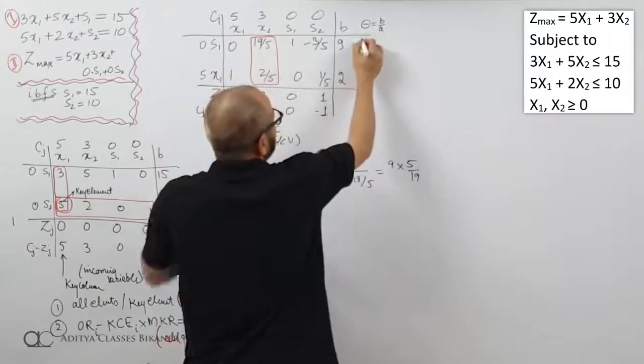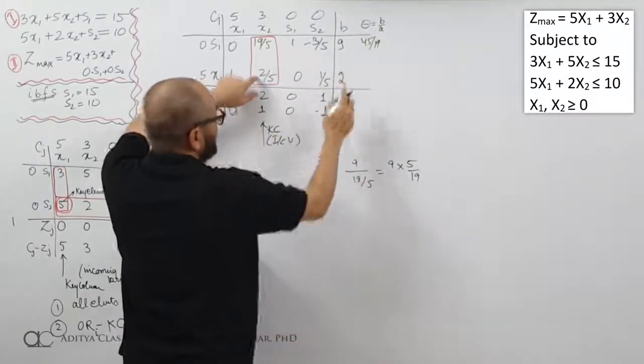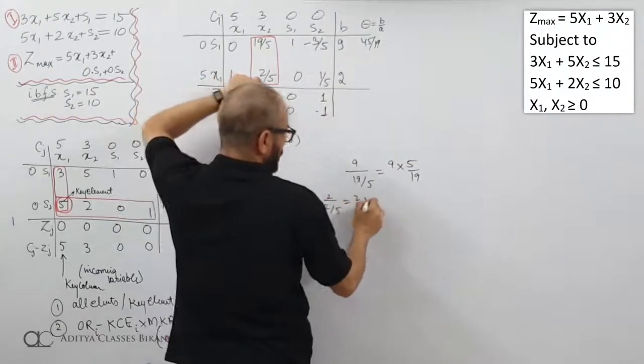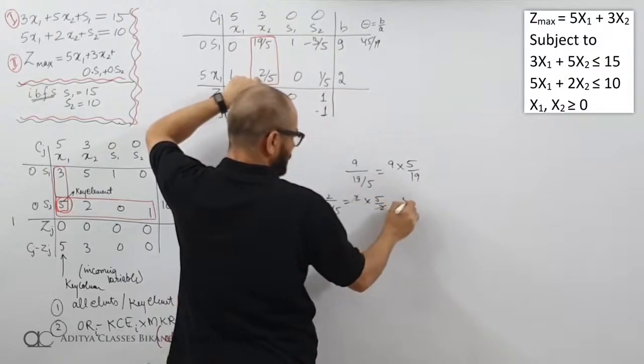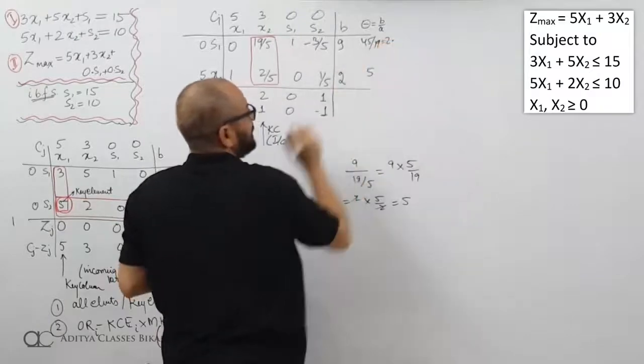So this becomes 45 by 19. And this would become 2 divided by 2 by 5, making it 2. This gets flipped, 5 by 2. 2 cancels out, this is 5. So this is 5 and this is something 2 point something.